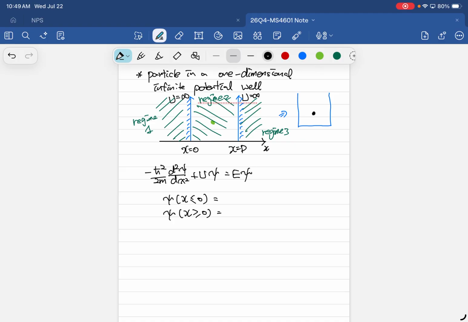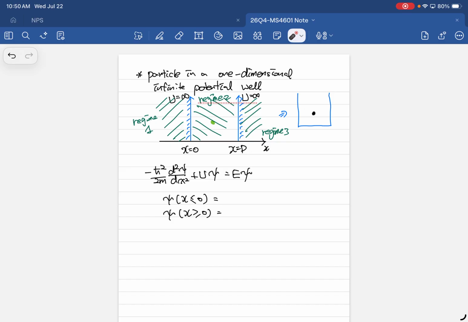Can you guess? What can the wave function in regime 1 and the wave function in regime 3 be? What does it have to be? Is it not 0? Why? Because the particle can't be in 1 or 3.